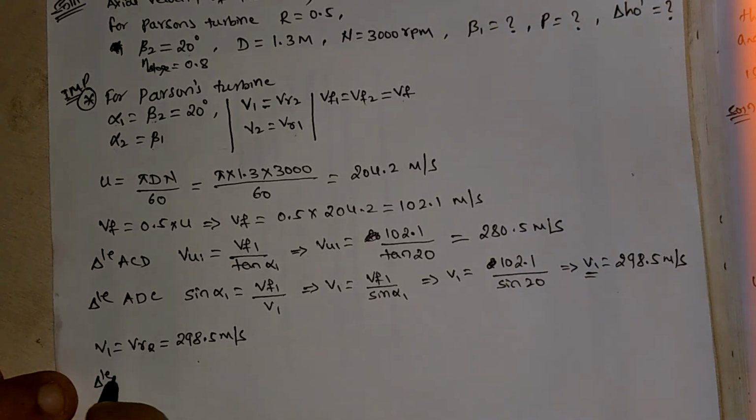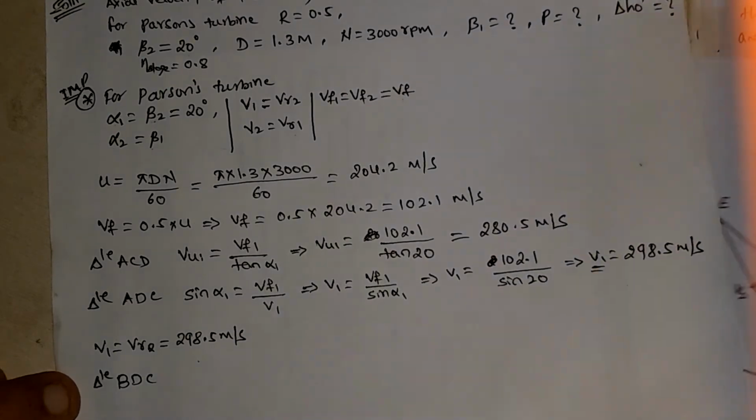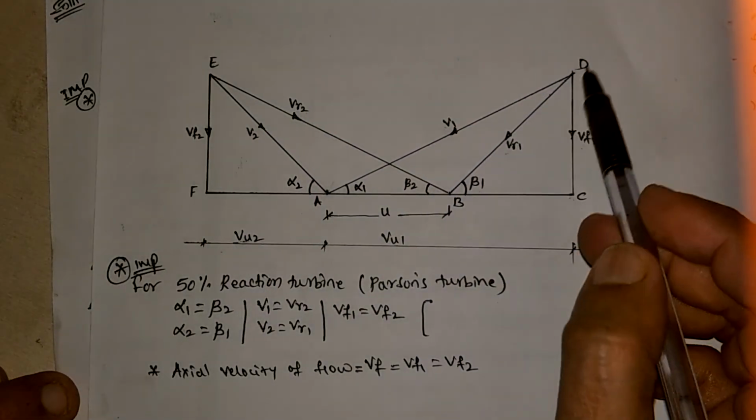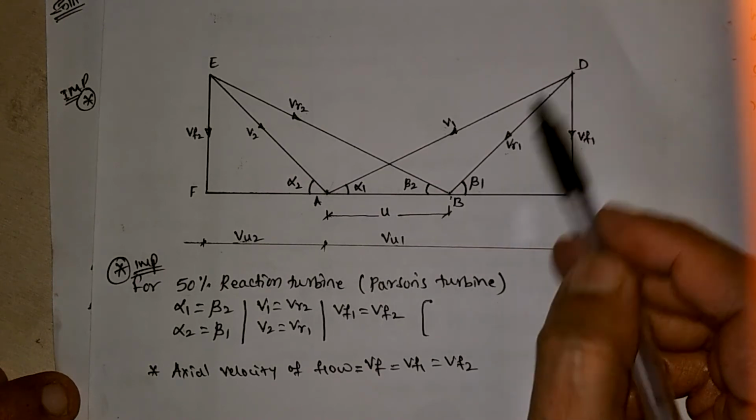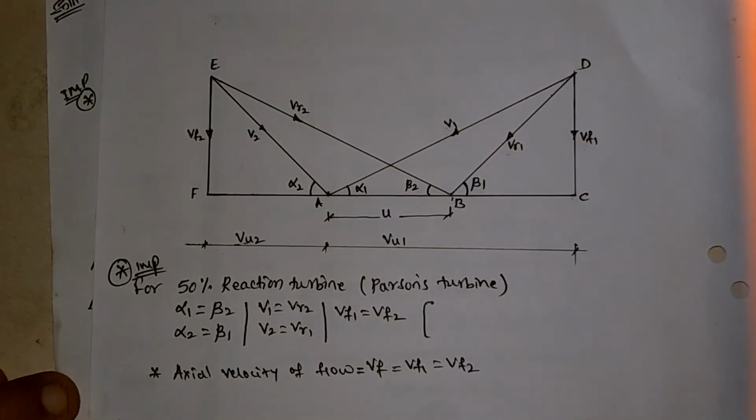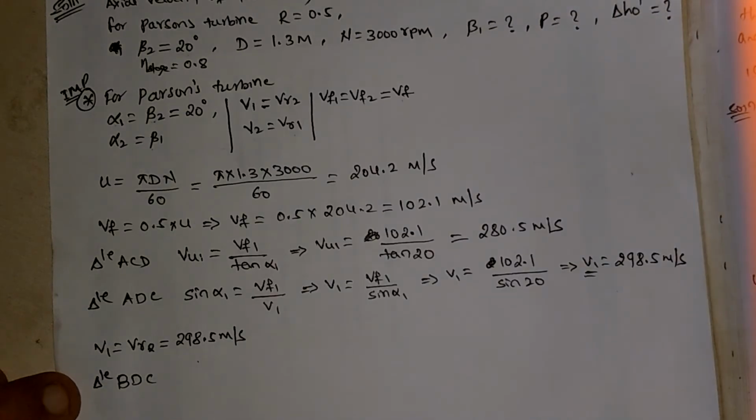Okay, so now consider triangle BDC, that is B, D and C. Consider this triangle BDC. Here tan of beta 1 is equal to the opposite, Vf1, divided by x.